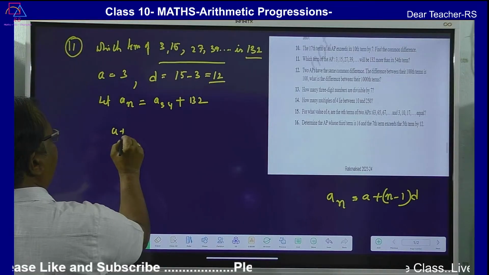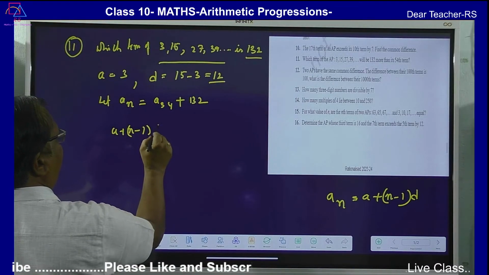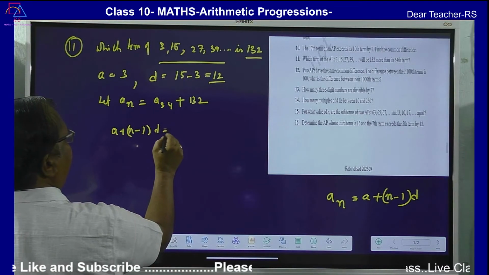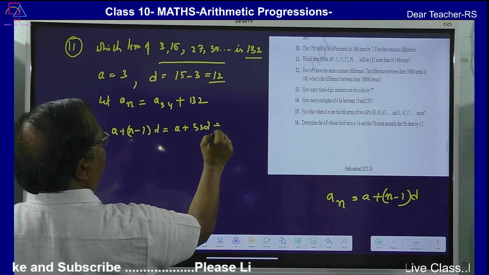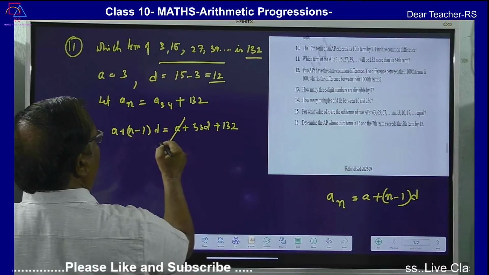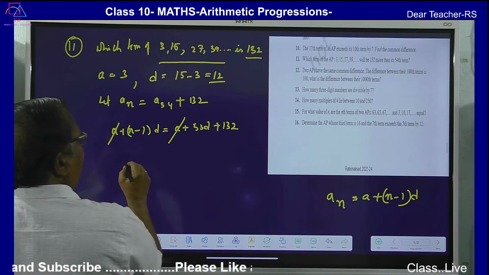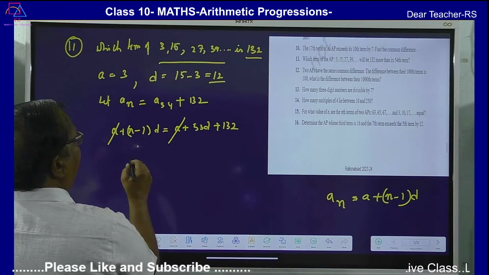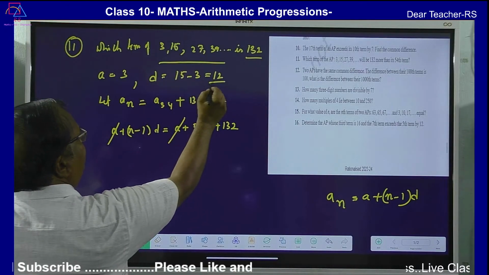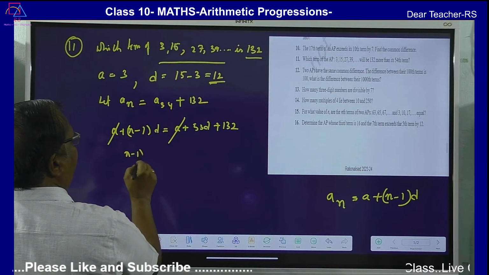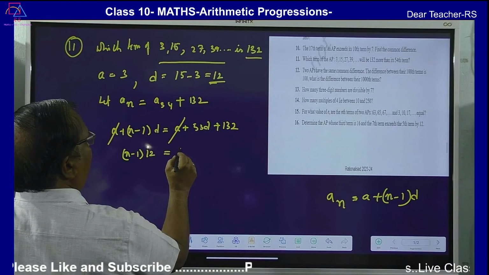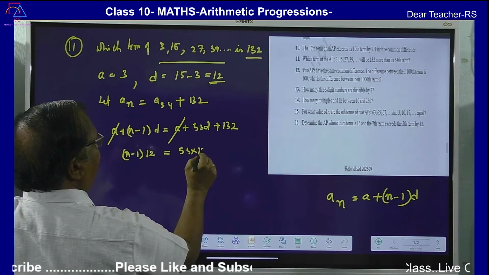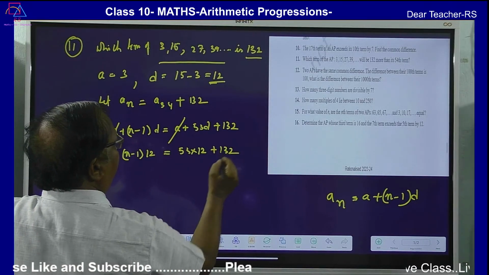So a plus (n minus 1) into d is equal to a plus 53d plus 132. On both sides the a's will get cancelled. So d is how much? 12. So (n minus 1) into 12 is equal to 53 into 12 plus 132.